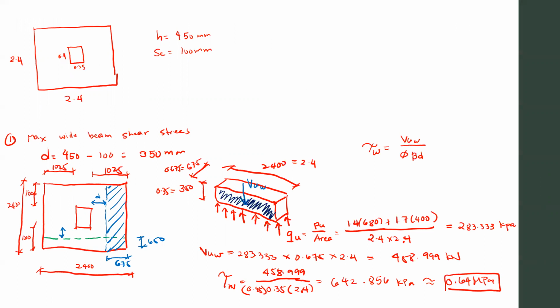Kapag mas mataas yung demand, meaning mas malakas yung bubuhatin ng ating footing, therefore fail yung footing natin. Pero mas mataas yung capacity, meaning kaya niyang i-carry yung that load. Okay? So next natin is number 2, the punching shear stress.